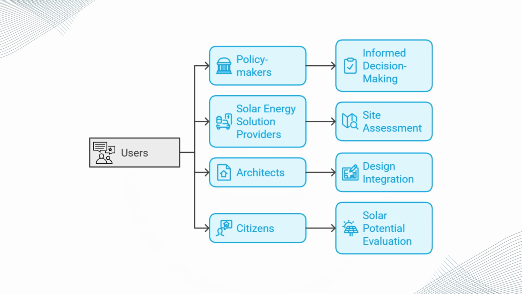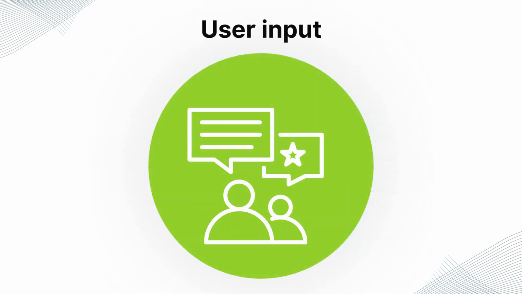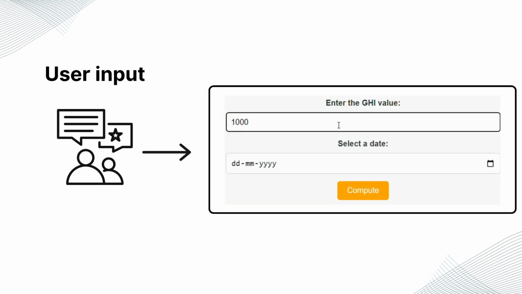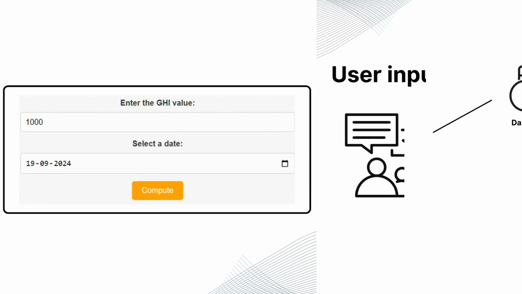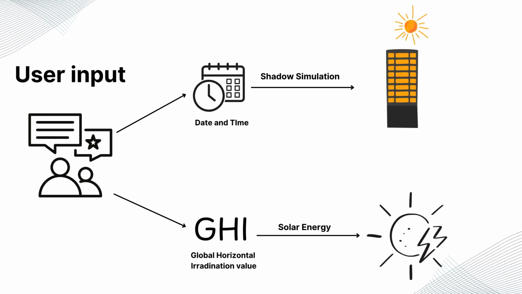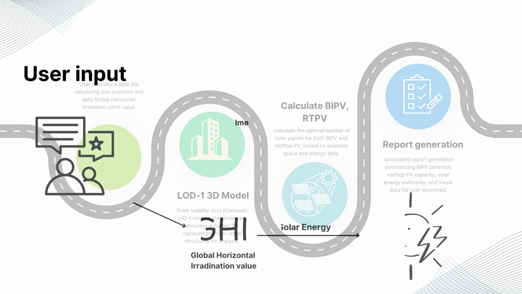Our interactive application allows users to input both the daily global horizontal irradiation and the specific date. These inputs are then used to calculate the precise position of the sun at any given moment. The date determines the sun's position in the sky. GHI values are integral for calculating solar potential.